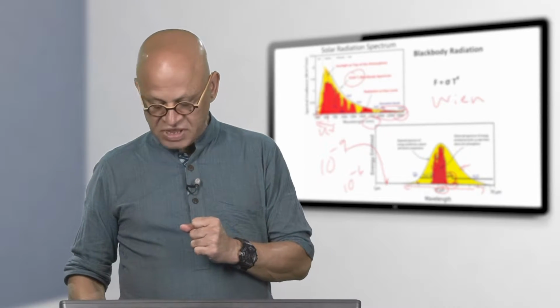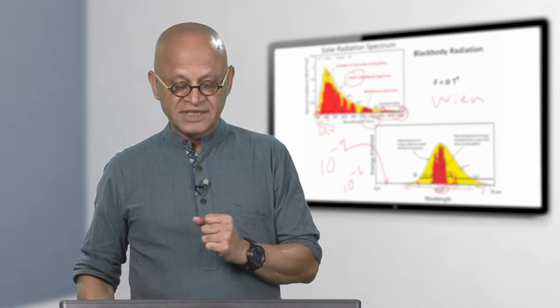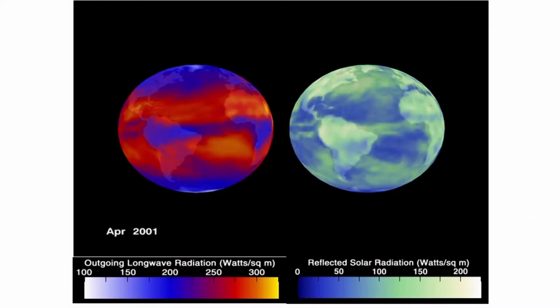So, what does this mean in terms of actual realistic radiation balance? Let us look at some observations from satellite for a particular month, April 2001: the reflected short wave at the top of the atmosphere and outgoing long wave at the top of the atmosphere, in watts per square meter. Reflected short wave is obviously related to albedo. We said it is on average 0.3 for the whole globe.